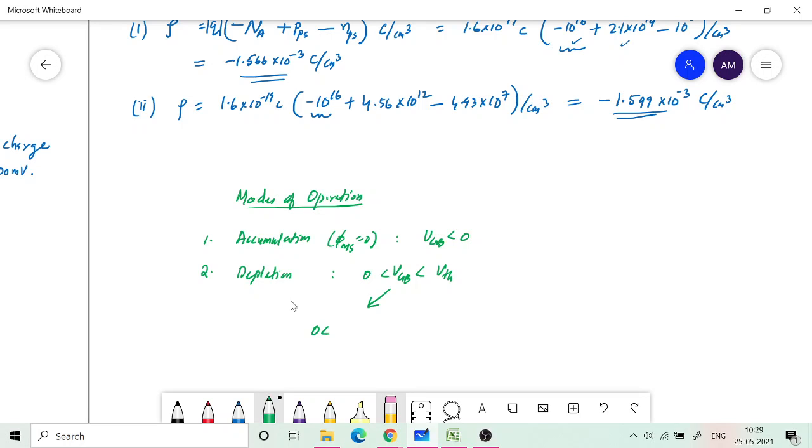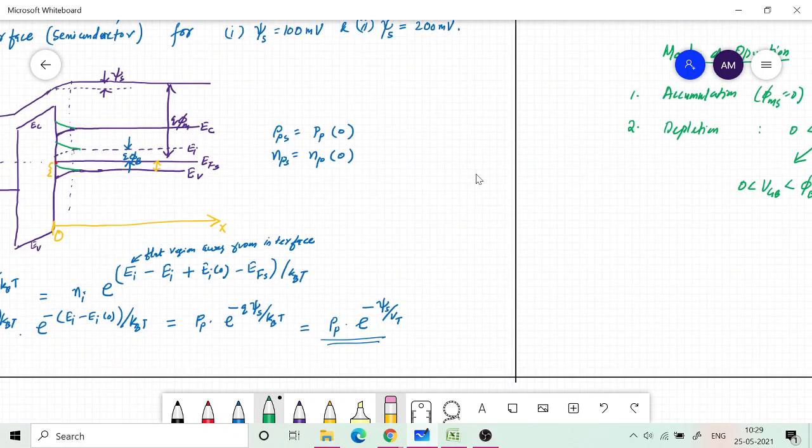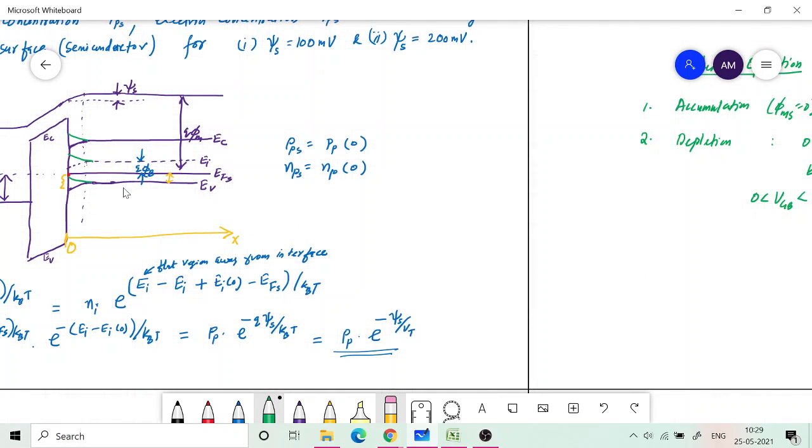One is VGB and phi B, and the other is VGB and 2 phi B. If you recollect what we earlier discussed, if the bending of the band becomes phi B, it is downward bending.